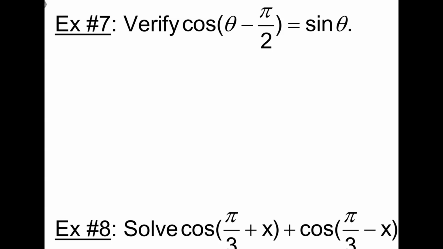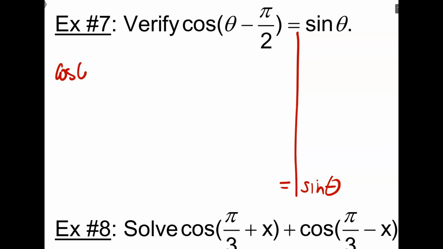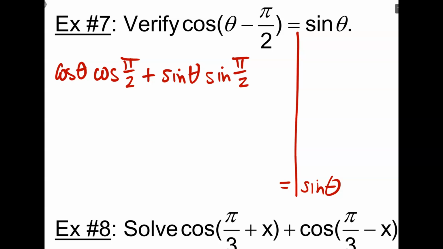Alright, verify, aka prove. At the end, I want to say the left side is equal to the right side. It should equal sine theta. Ooh, I got a difference, right? A cosine difference identity. So it'll just be cosine theta times cosine pi over 2, plus sine theta times sine pi over 2. So it's going to be cosine theta times 0.